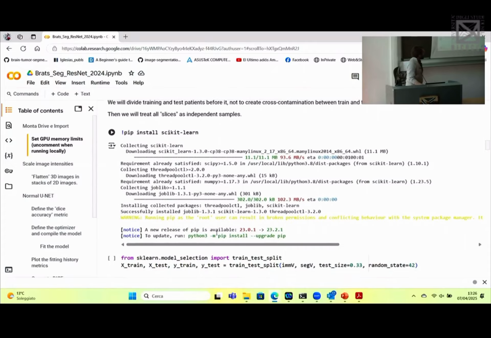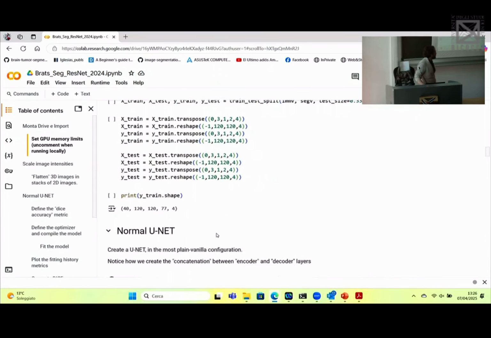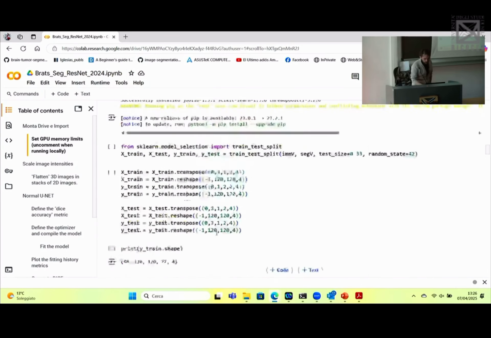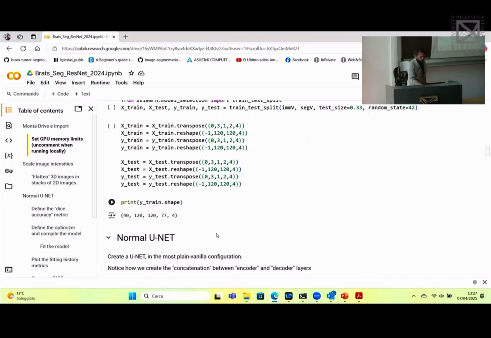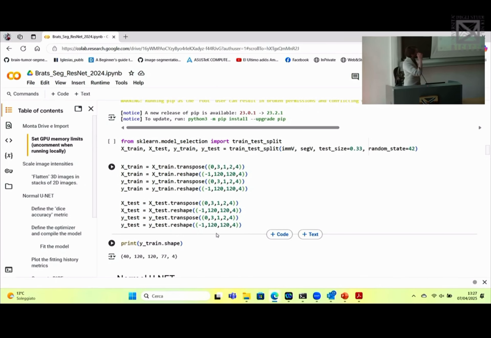The other thing that I did, for training and splitting the data set, was the reshaping. Now I'm splitting the data set, and I'm deciding to work on a slice-by-slice basis. I'm not using the full volume to save memory.